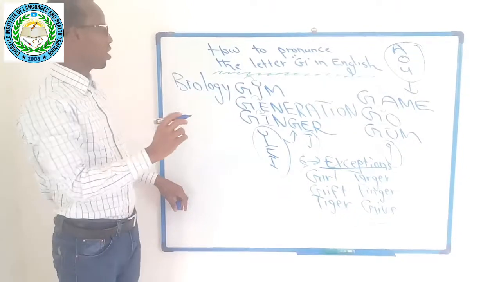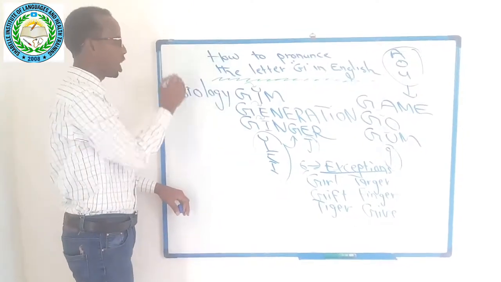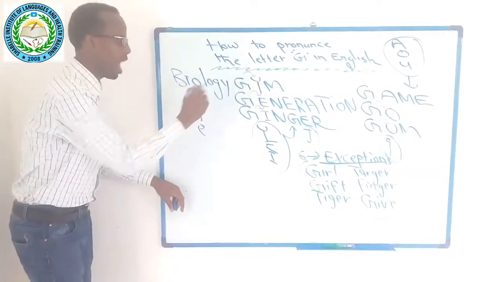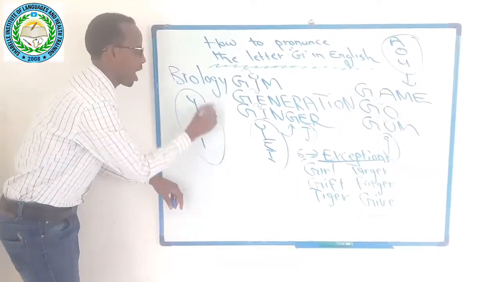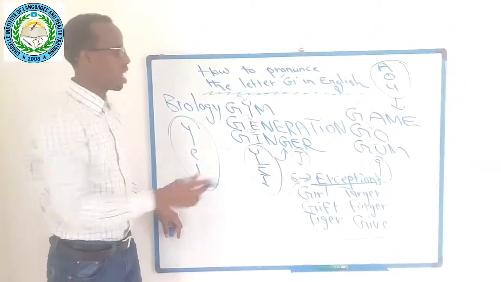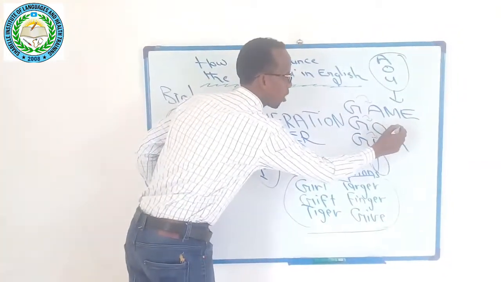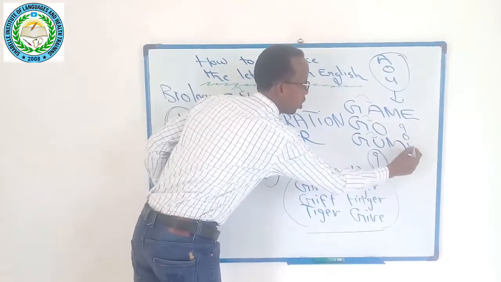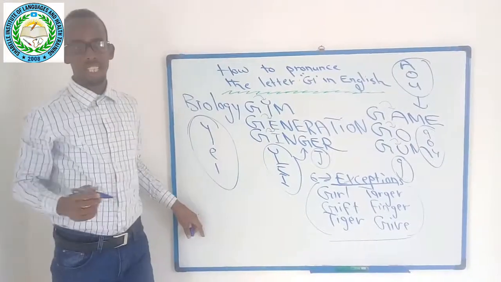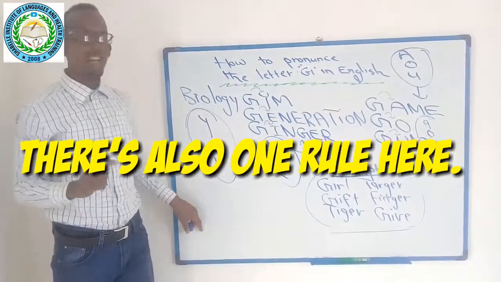So, to finalize: if the letter G is followed by Y, E, and I, then you pronounce it like a J sound. If the G is followed by A, O, U, then you pronounce it like the G sound. There's also one more rule here.